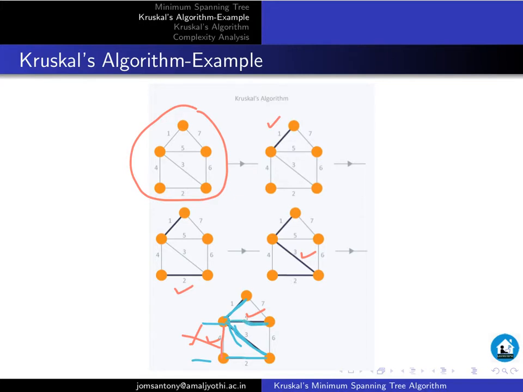So this is the minimum spanning tree of this graph. You can actually verify that this is the minimum spanning tree of this particular graph.